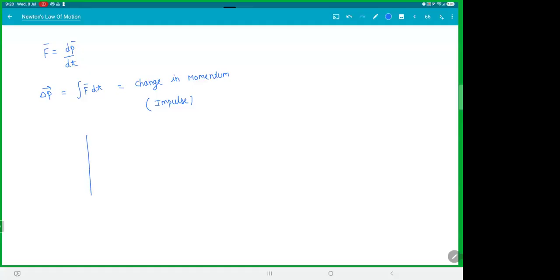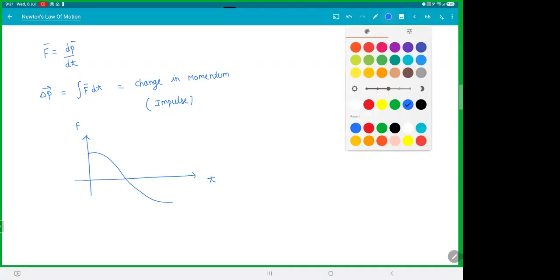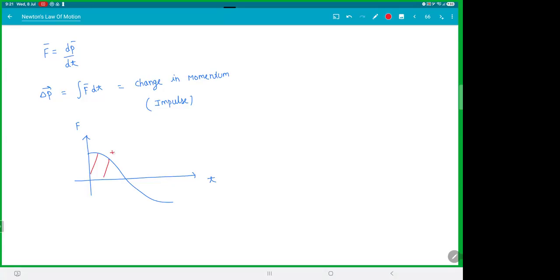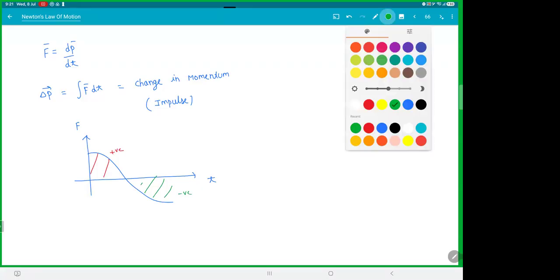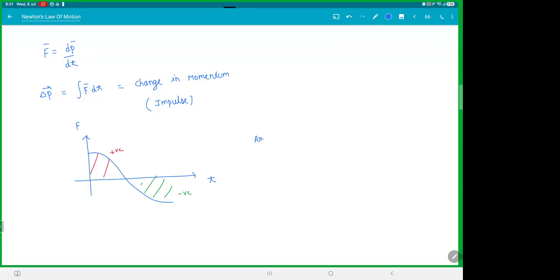That means if you draw a force versus time graph, I showed you this in kinematics, the area under the curve, this is the positive area, this is the negative area. So area under the F-t curve gives you change in momentum. Clear with this?